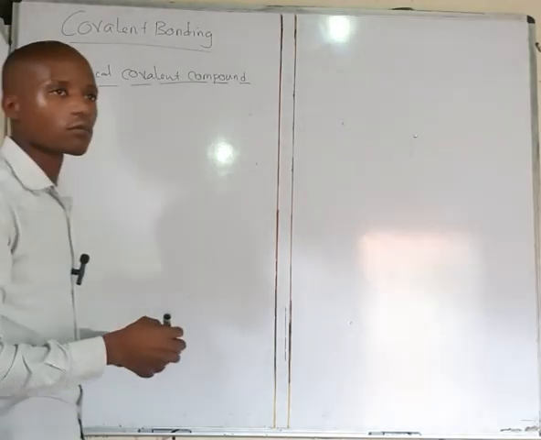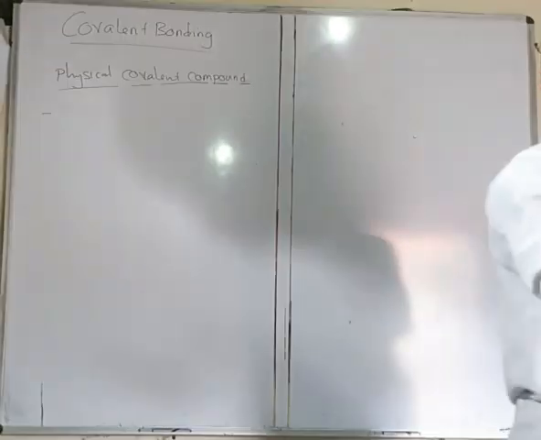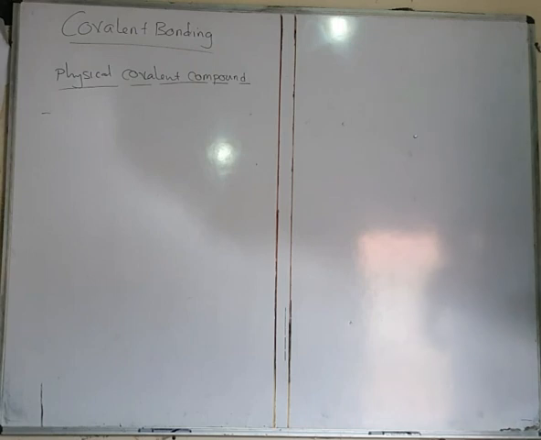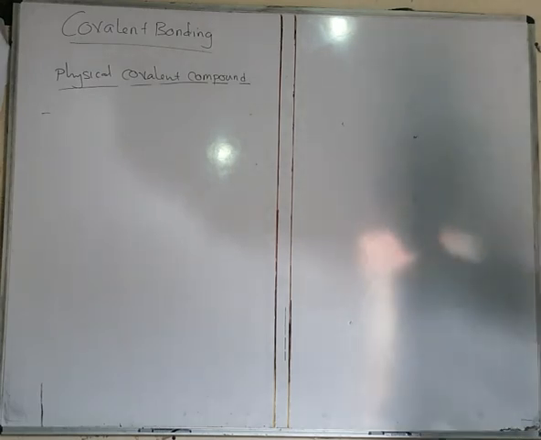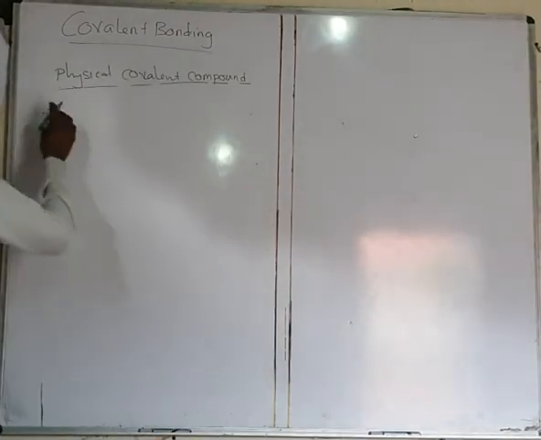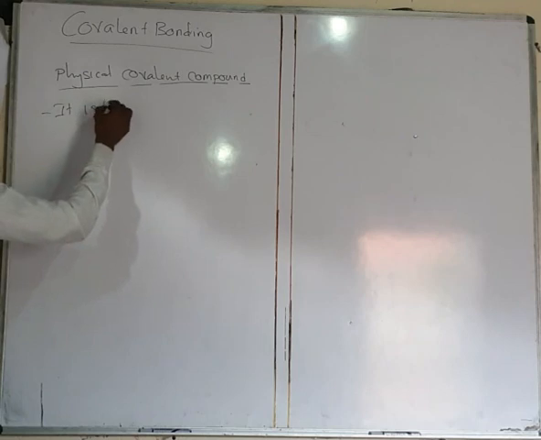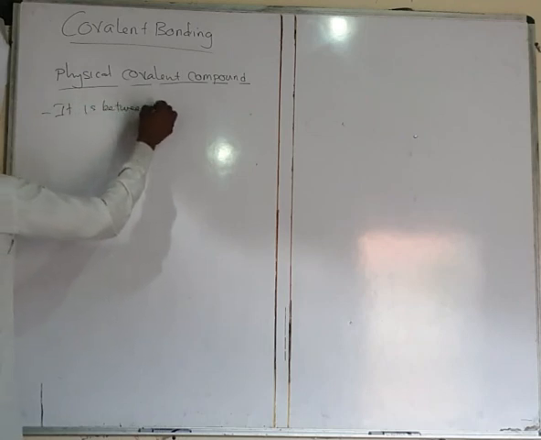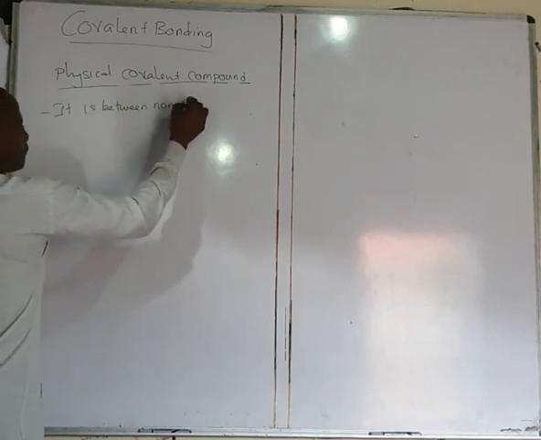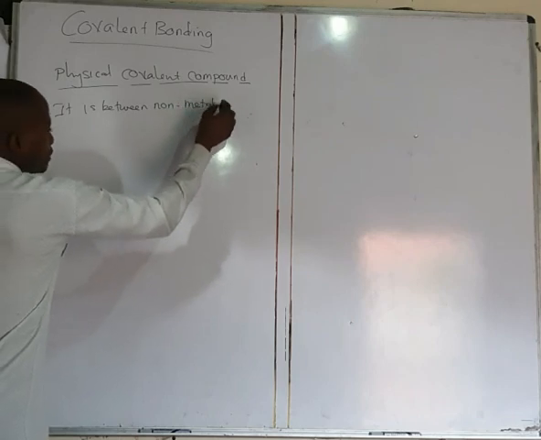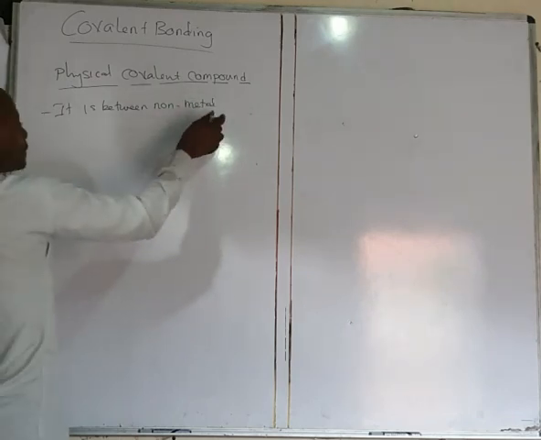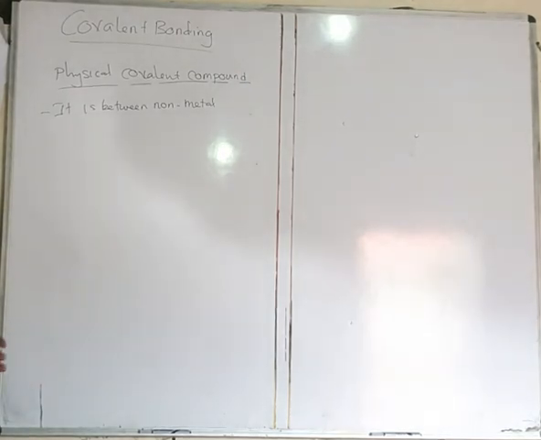It occurs between nonmetals, okay? So covalent compound is a compound which is formed between nonmetals.